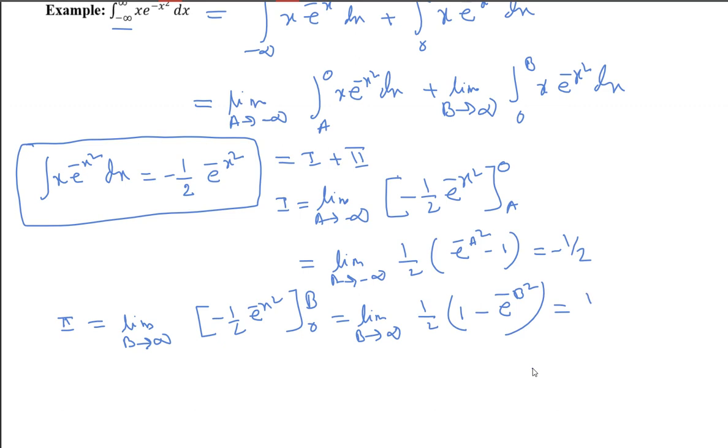So this value will be 1 by 2. So we will have I1 plus I2 equal to minus 1 by 2 plus 1 by 2, that is equal to 0. So the value of this integration we are getting is 0.